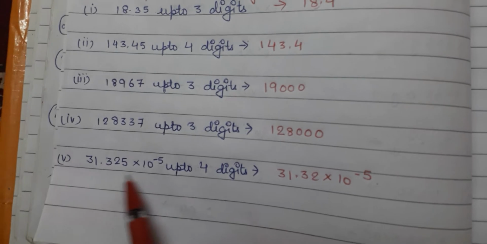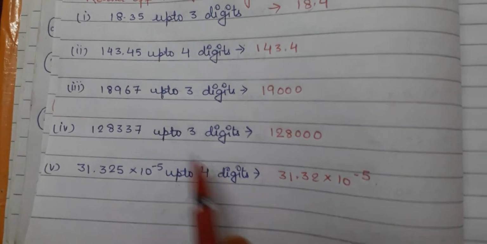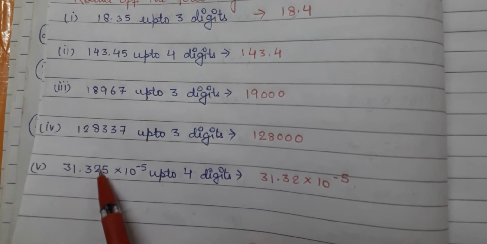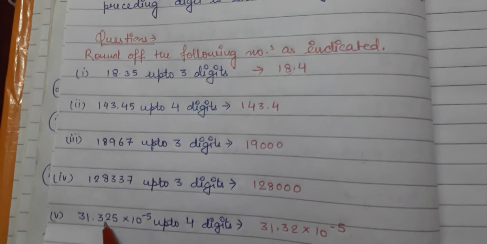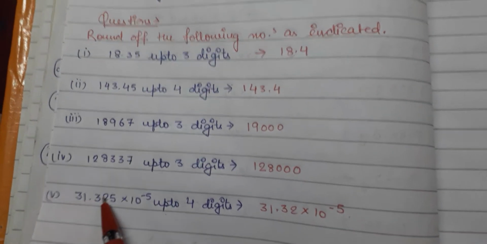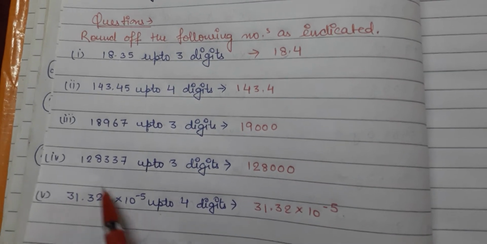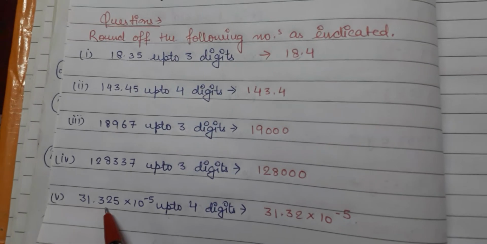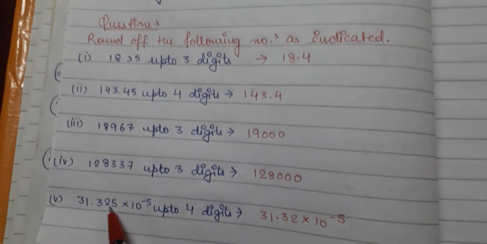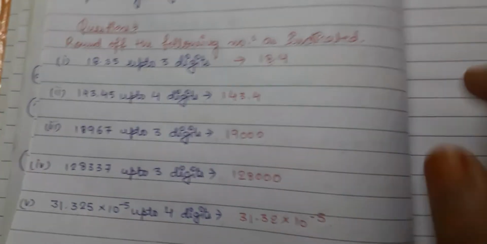Suppose this type of question is given to you and you have to round off this number up to 4 digits. If the digit is 5 and the preceding digit is even, then all the digits will remain unchanged. Since it is 2, it will remain unchanged. If it was 3, then it will become 4. So if the preceding digit is even, you no need to change the digit, but if it is odd, then you have to change the digit and it should be increased by 1.